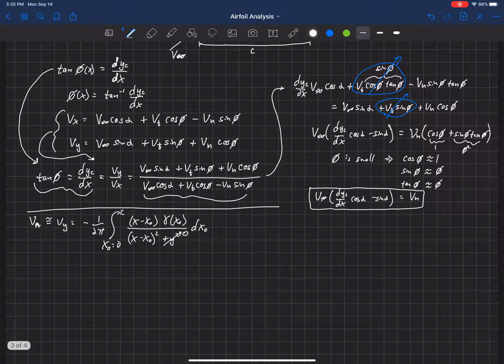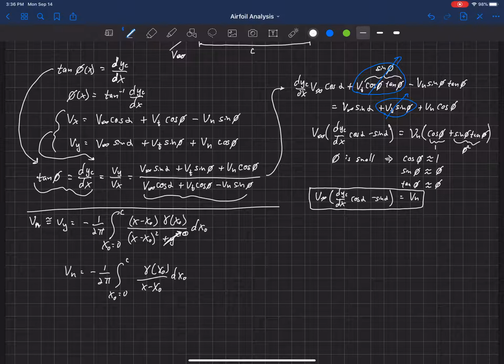So we can simplify this and say that Vn now is equal to minus 1 over 2 pi the integral from x naught equals 0 to c. And because y here is 0, the x minus x naught terms will cancel, or at least one of those cancels, and we're left with gamma of x naught over x minus x naught dx naught.